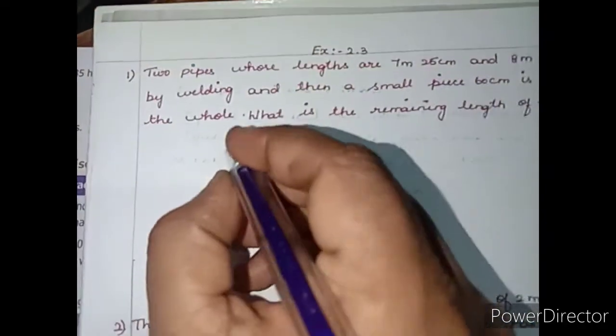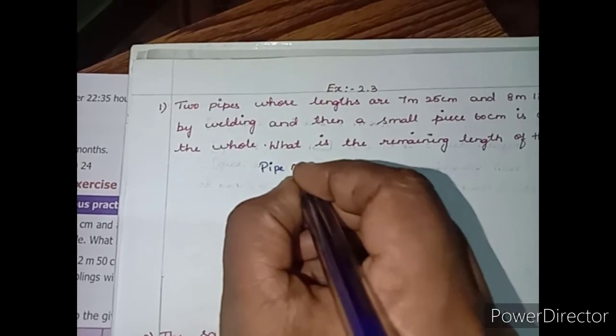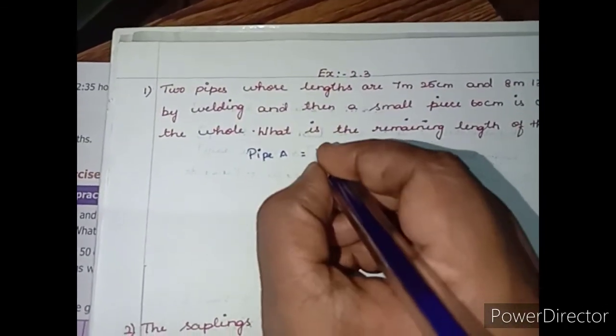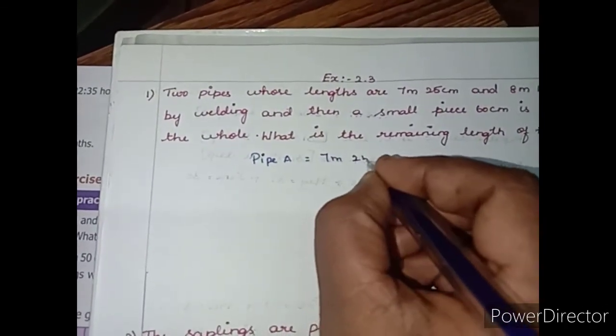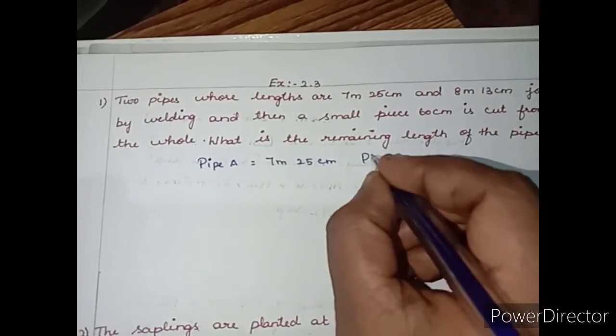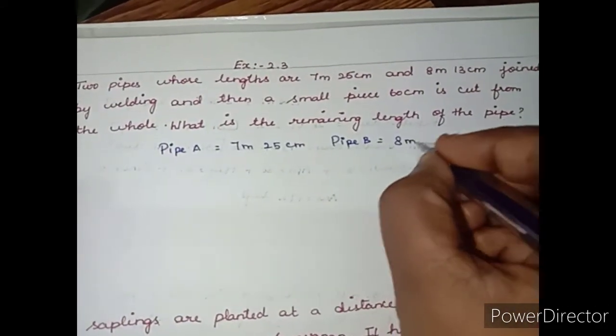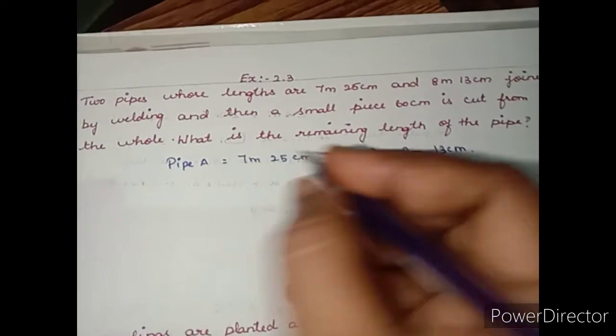So as I told you, what is given? Two pipes. Pipe A length is 7 meter and 25 centimeter, and pipe B is 8 meter and 13 centimeter.